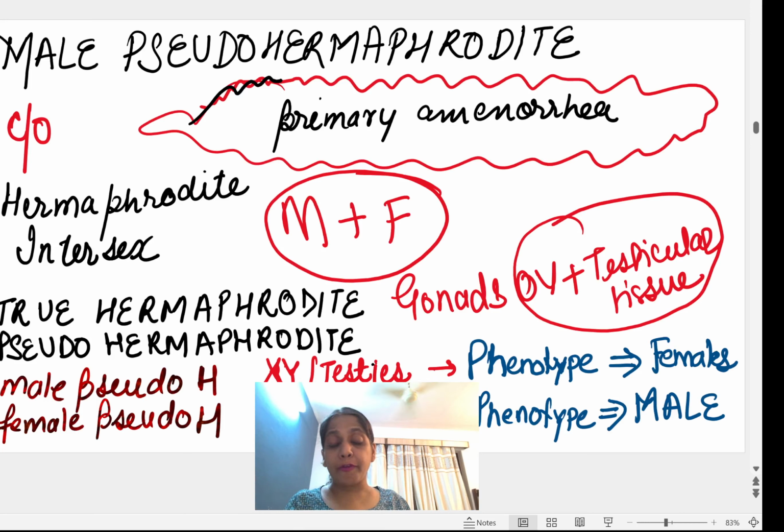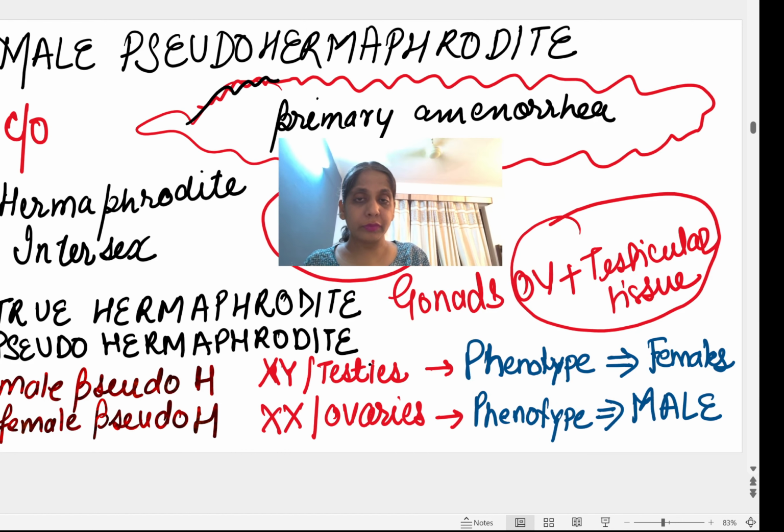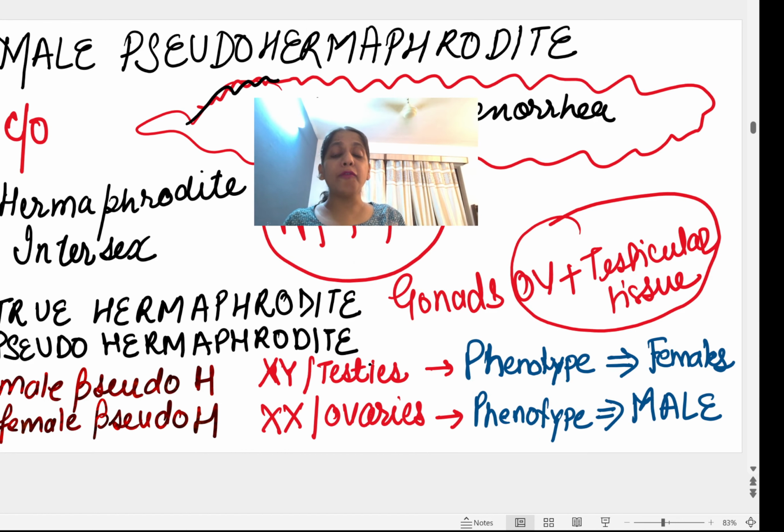Female pseudo hermaphrodite: what do we understand with female pseudo hermaphrodite? Their genotype is XX, and they have ovaries, only ovaries, no testicular tissue in the gonads.